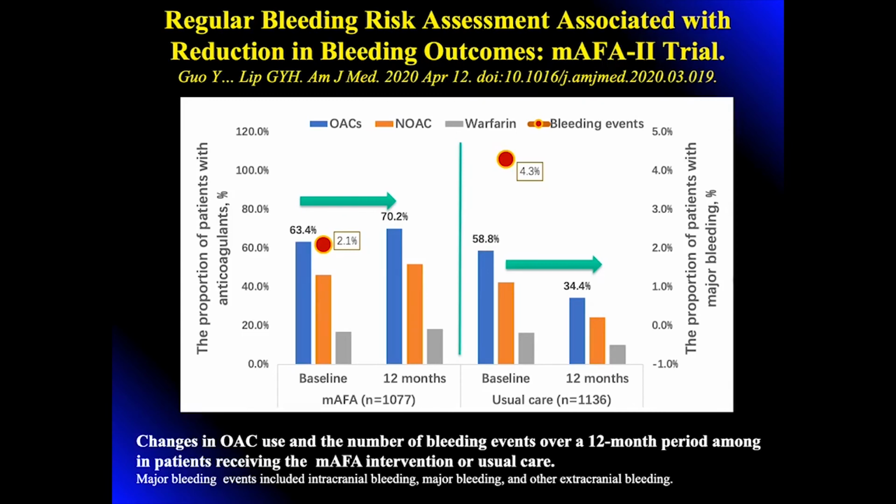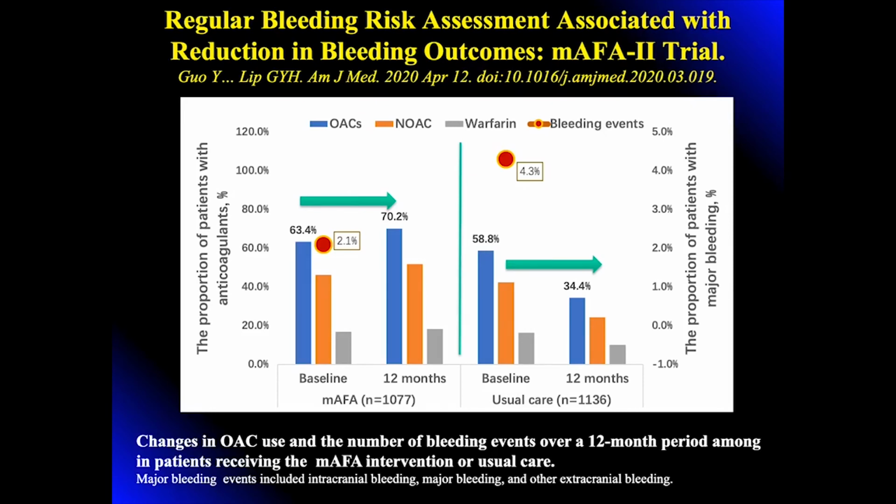And contrary to the perception that bleeding risk assessment leads to a reduction in anticoagulation use, what was actually found was that the active intervention with the mAFA app and use of the HAS-BLED score resulted in an increase in anticoagulation use between baseline and 12 months. In the usual care arm, there was actually a decline in anticoagulation use over the 12 months.